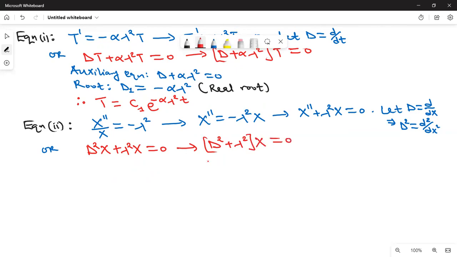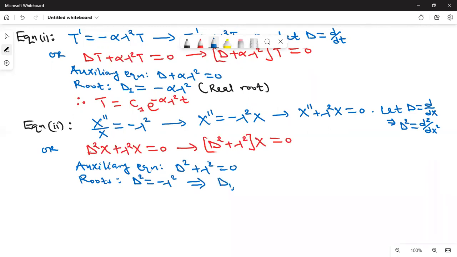Again, this is a homogeneous ODE of the second order with constant coefficients. Our auxiliary equation is d squared plus lambda squared is equal to 0. So what are the roots? Make d the subject. d squared is negative lambda squared. So when you take the square root, you are going to get d.